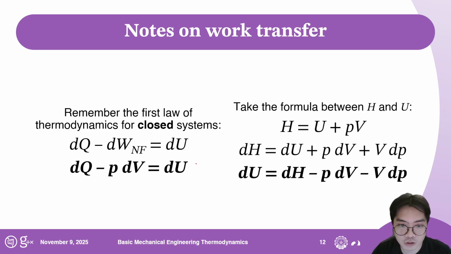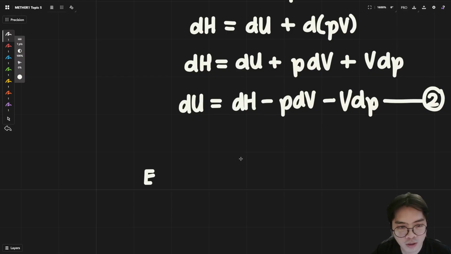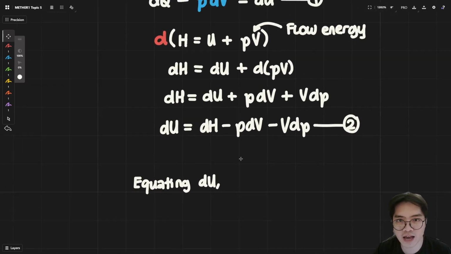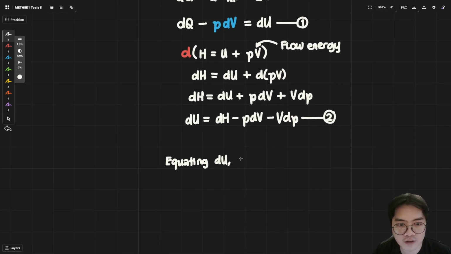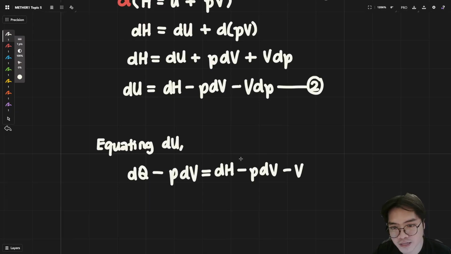Now, we can just bring these two together. Let's see that in action. If we equate 1 and 2, equating du, on one side we will have dq minus PdV, from equation 1, is equal to dH minus PdV minus VdP.